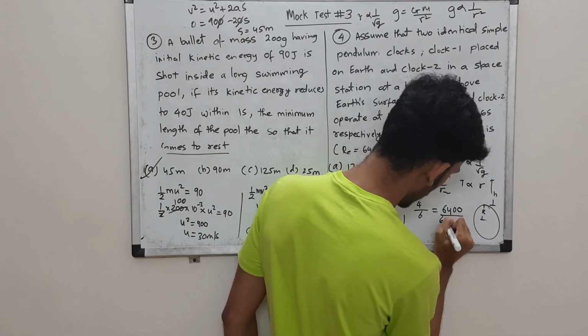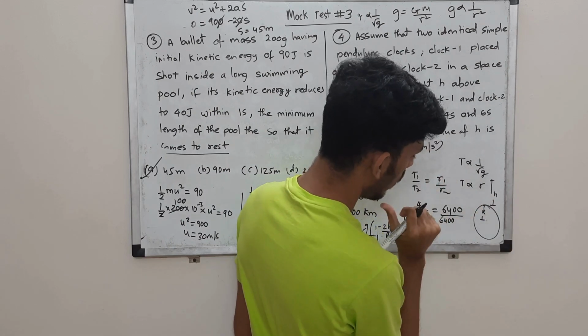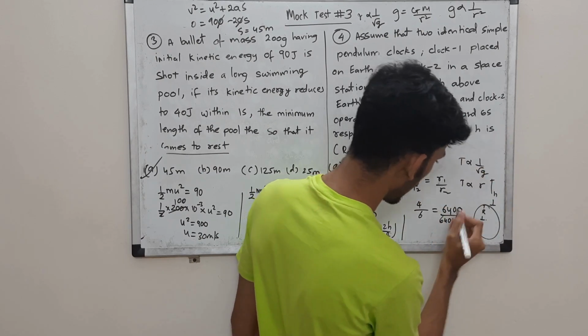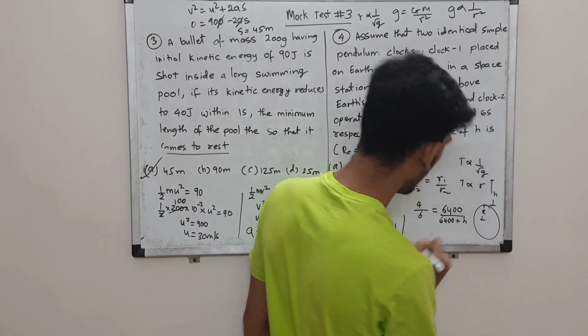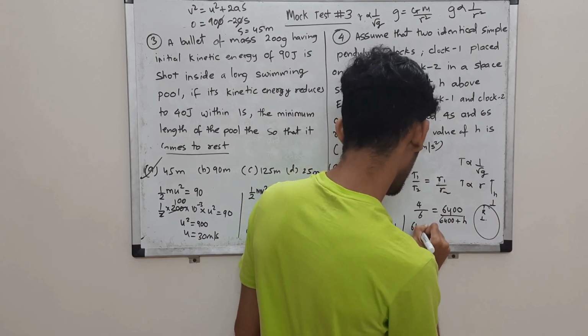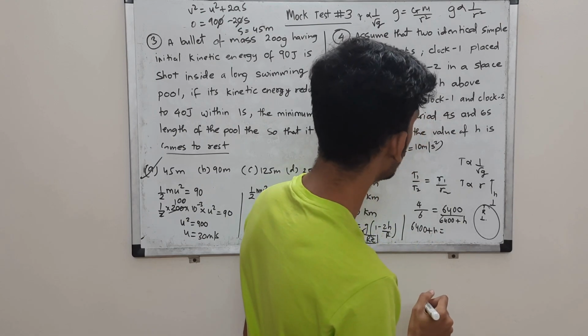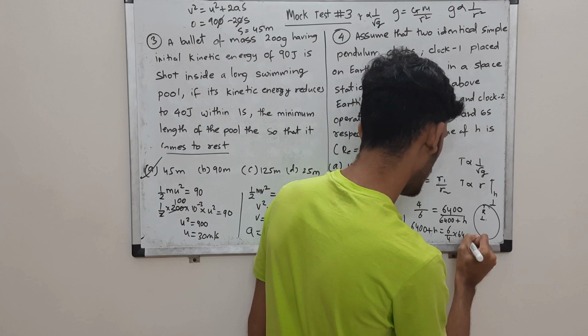So 6400, which is from the surface, and then we have the height h, right? So now we can find h. 6400 plus h will give us 6 by 4 into 6400.